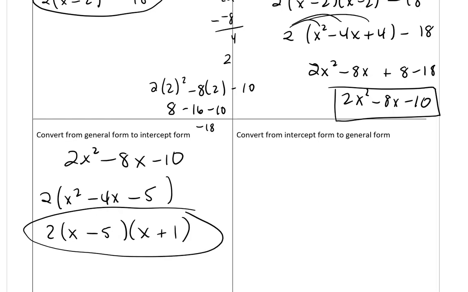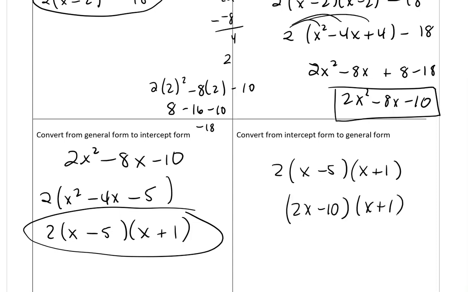Factored form is nice because then you can see the zeros from it in terms of graphing. I'm going to distribute the 2 first. It doesn't really matter. And then I'm going to double distribute or FOIL this. And hey, look, it came out as that same.